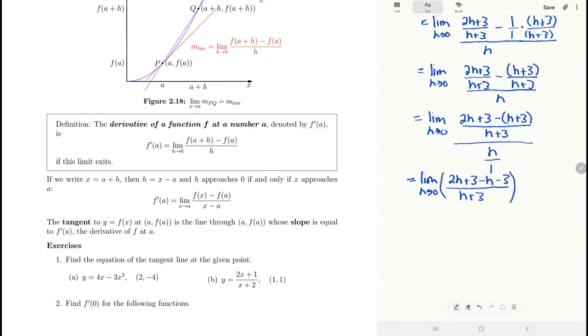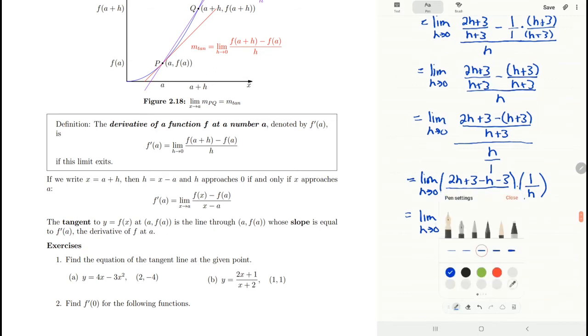And then we will multiply this by the reciprocal of the denominator, which is 1 over h. So now let's simplify the numerator. We have positive 3 and the negative 3. And 2h minus h will simplify to an h. And that's all over (h + 3) times h.